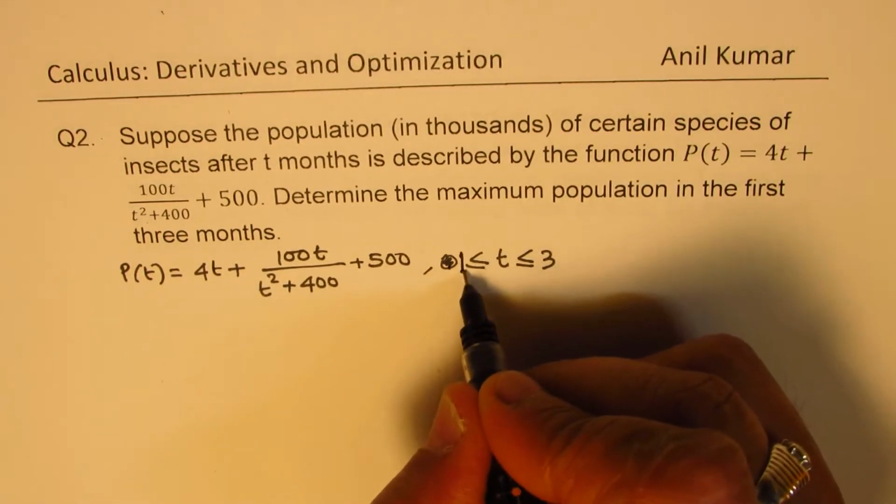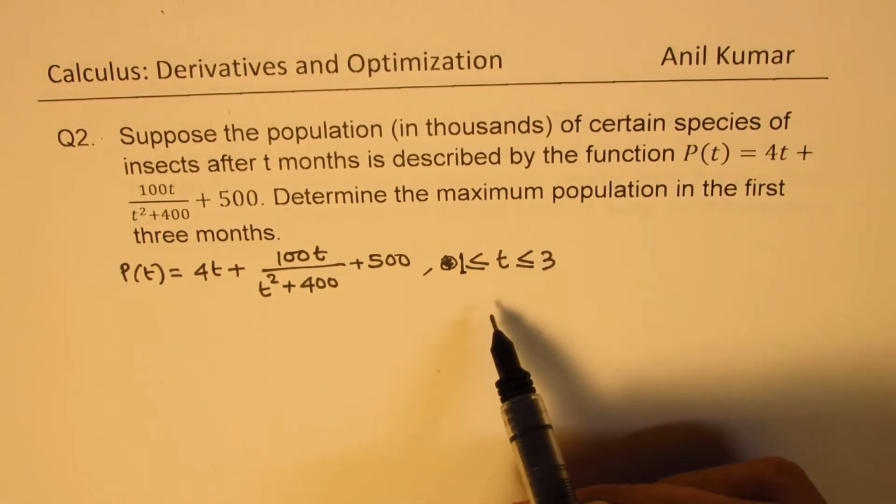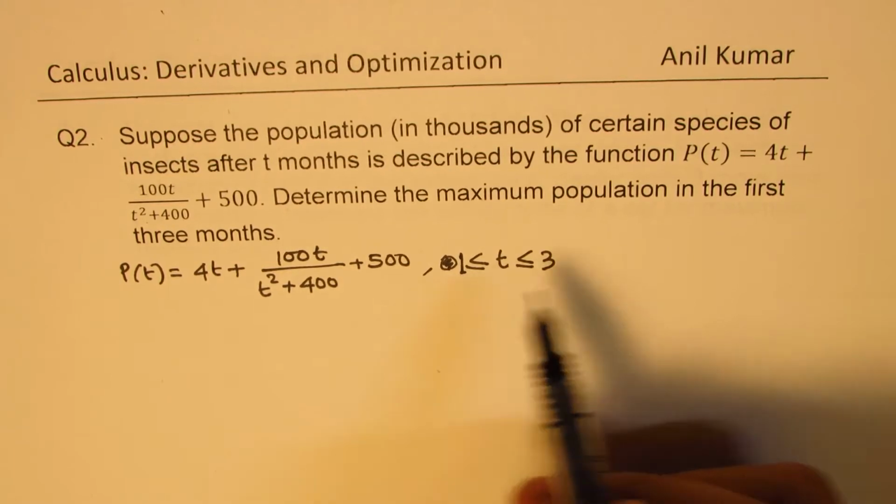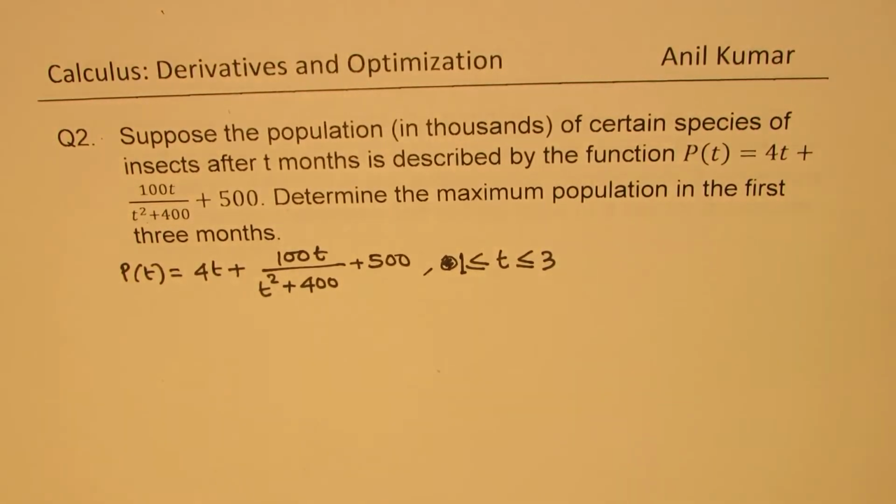Sorry, it should be 1 to 3. So let's say it starts in January. January is the first month, so first 3 months.